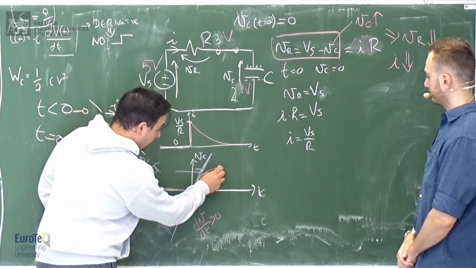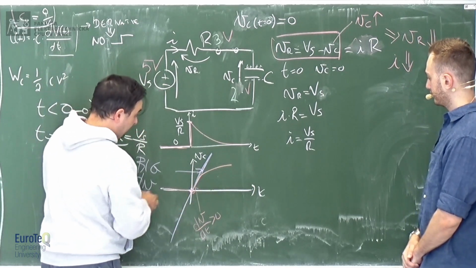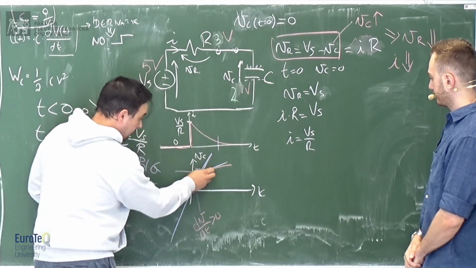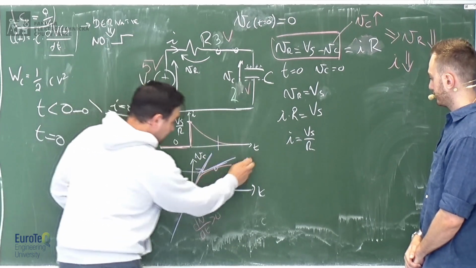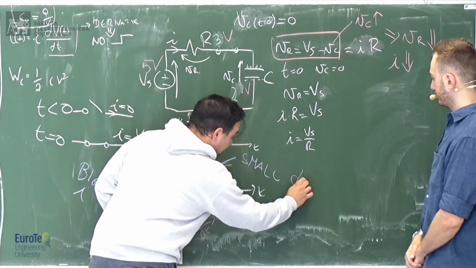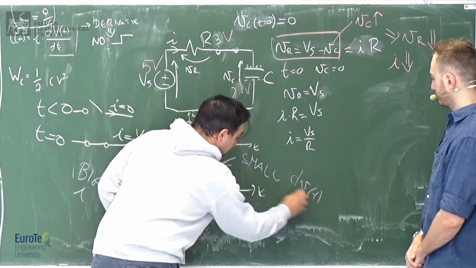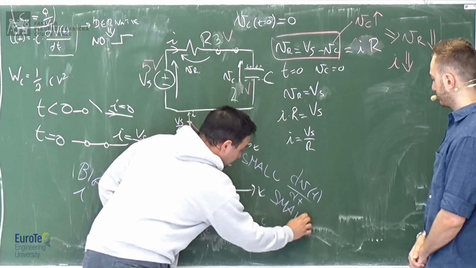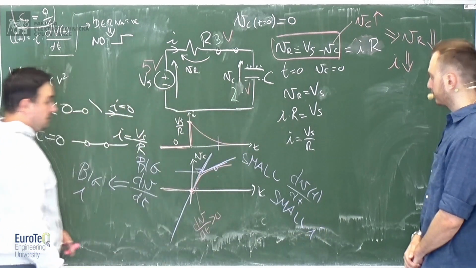So when you arrive here, you have a small current. Therefore, here you have a small derivative of voltage because you have a small current, okay?